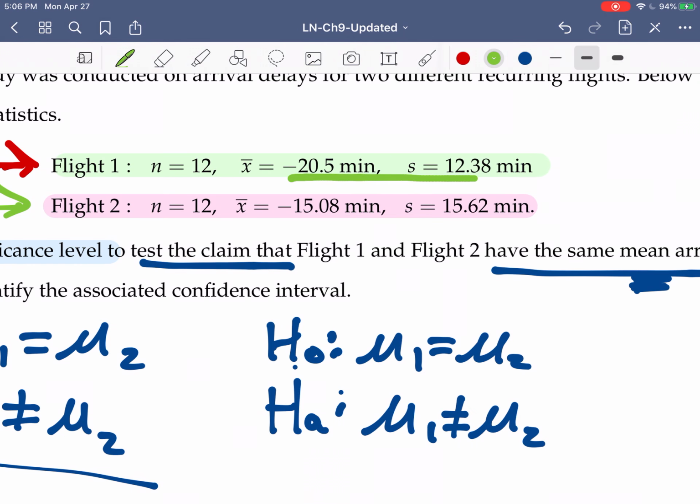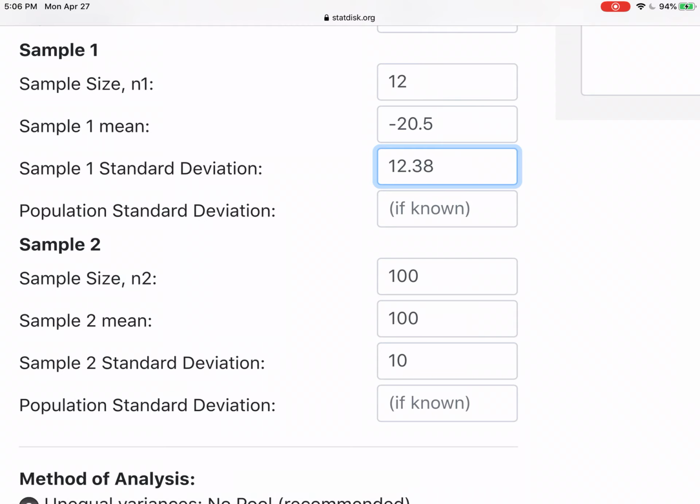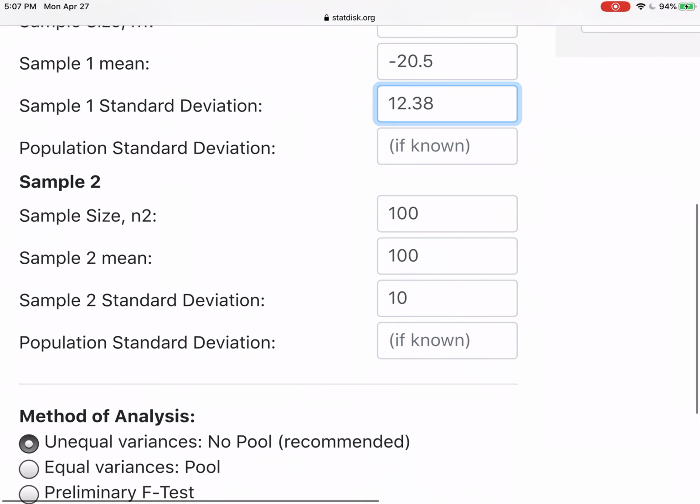I would make the quick observation here: the standard deviation that we were given said S, so that is a sample standard deviation. If it was sigma instead, that is a population standard deviation, and it would go down in the next spot.